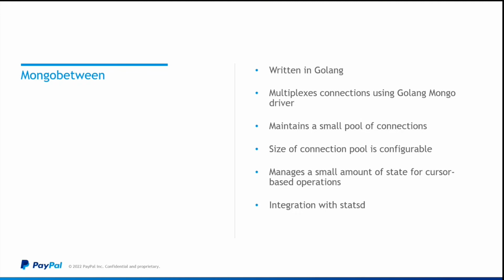It uses the Golang MongoDB driver internally to achieve connection multiplexing. At the startup, Mongobetween opens a small pool of connections to DocumentDB, and it has an option to configure the max number of connections that it can open to DocumentDB.